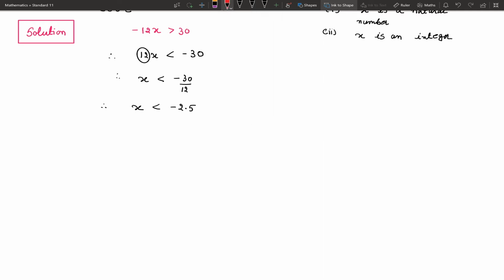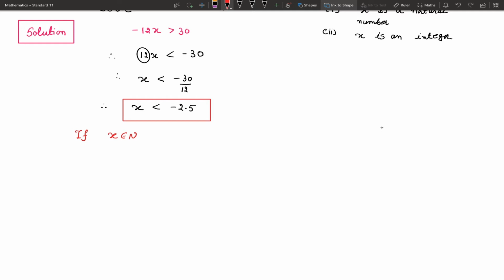Now we focus on the given condition. First, if x belongs to N, the set of natural numbers, then we know there is no natural number which is less than minus 2.5, since natural numbers start from 1, 2, 3 and so on. So there is no natural number which is less than minus 2.5.